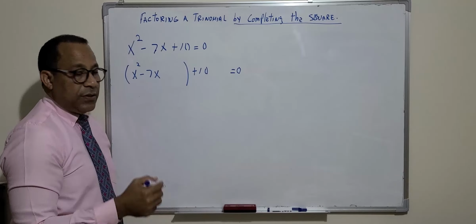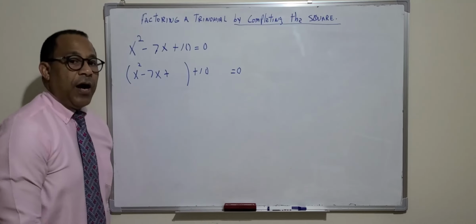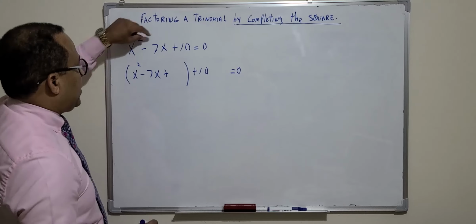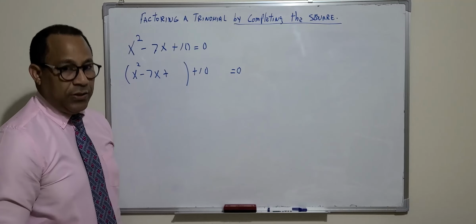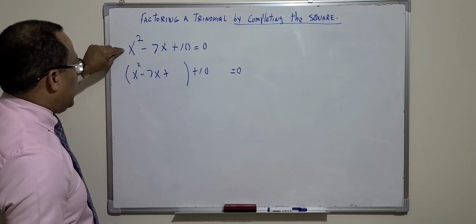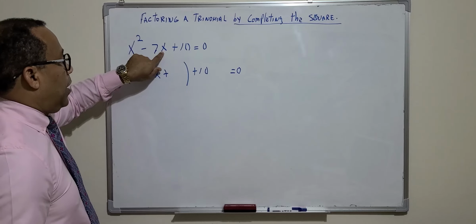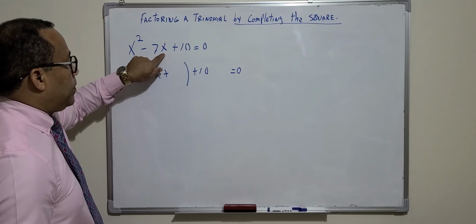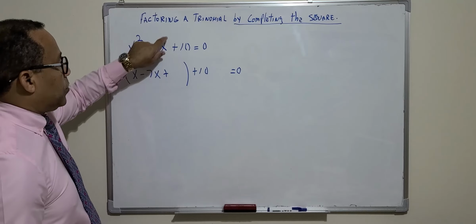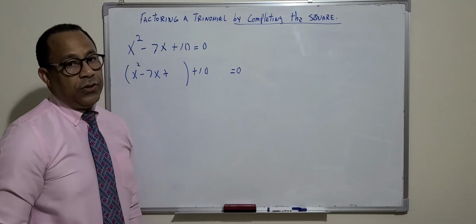Now, the question is, how do I get this third term? First, this term will always be positive. How do I get it? We take the second term, the B term, because this is the A, B, and C term. A is the term to the second power. B is the term to the first power, the coefficient and the variable to the first power, and the number is called the independent term.